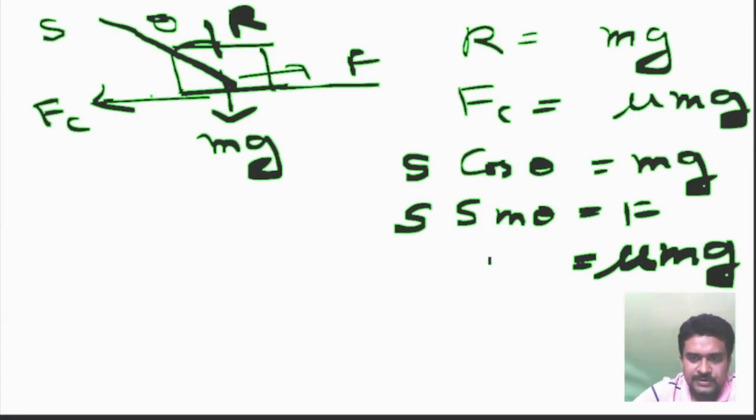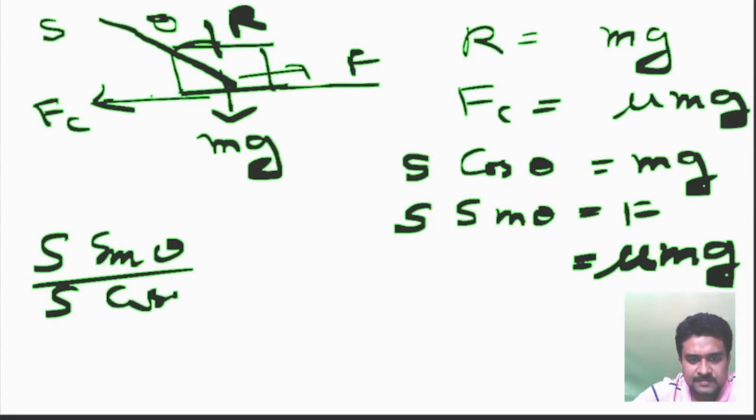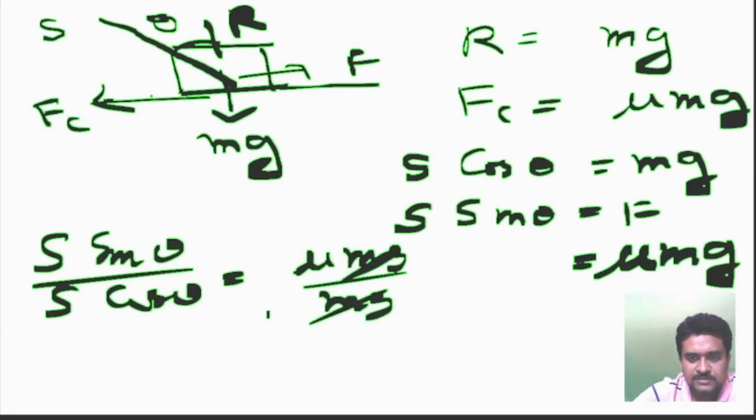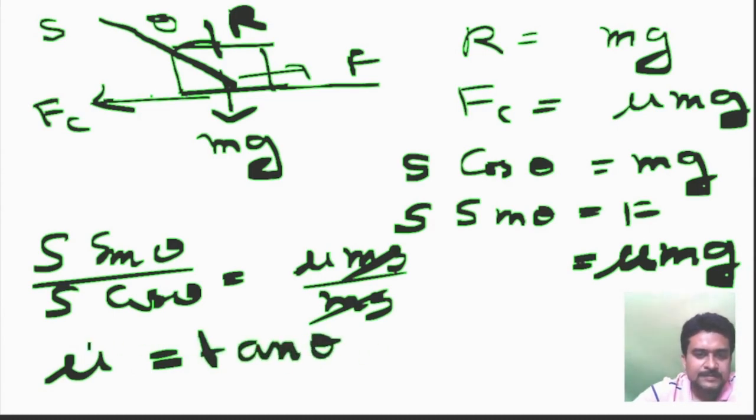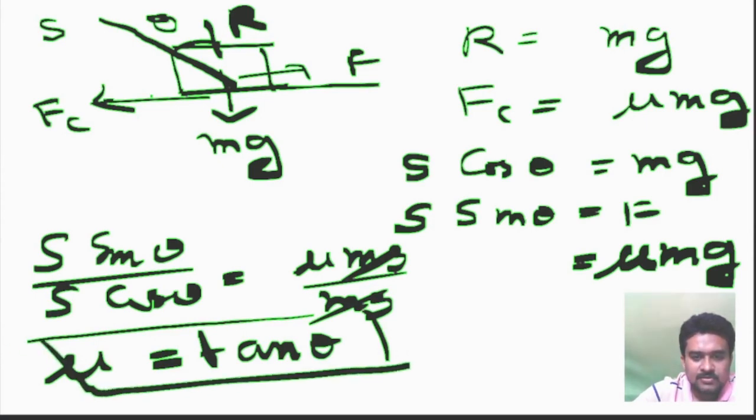Now if you divide these two equations, you get S sin theta by S cos theta equal to mu mg by mg. So mg will cancel out, and then mu is equal to tan theta. So this is the relation between the coefficient of friction and the angle of friction.